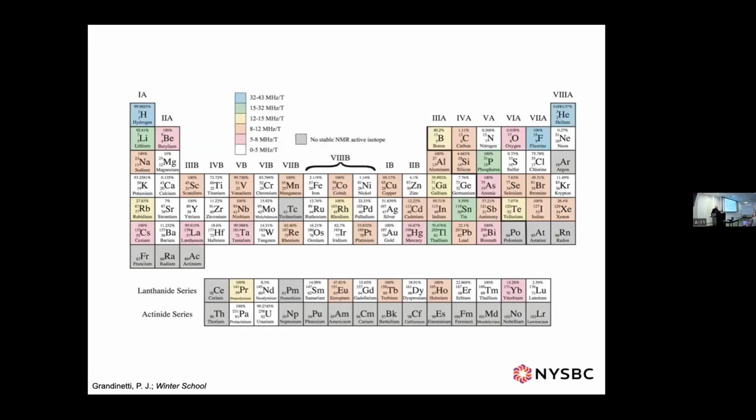The other thing I was just throwing up is similar to something that Ann showed. This shows the frequency of the different NMR active nuclei, with the cool blue colors being higher frequency, and the red ones being your low gamma nuclei.